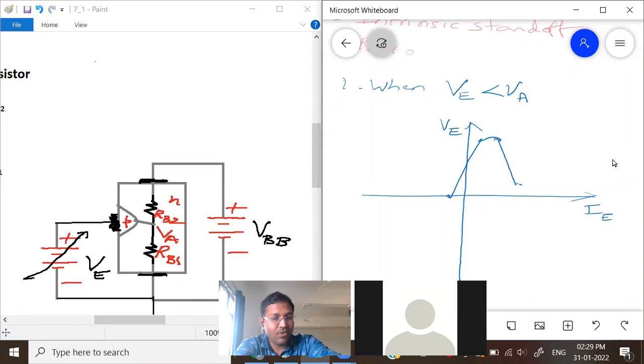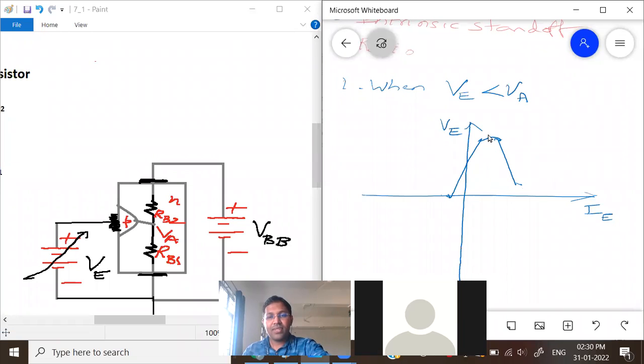The emitter voltage will also reduce, because if you see this particular loop, the emitter voltage is the diode voltage plus VA. So when RB1 reduces, VA reduces, and when VA reduces, VE also reduces. So the characteristics will be like this.